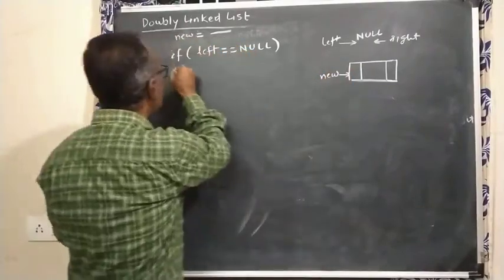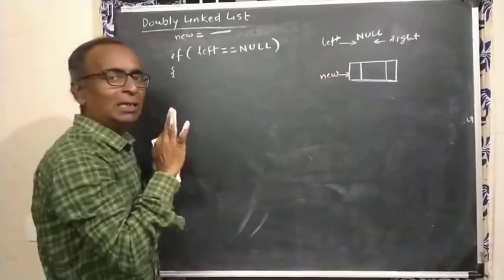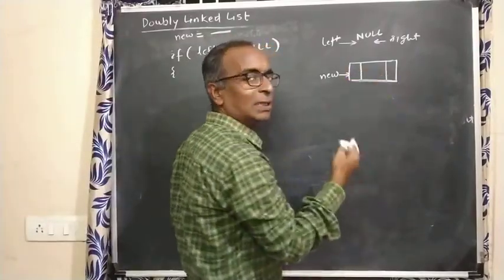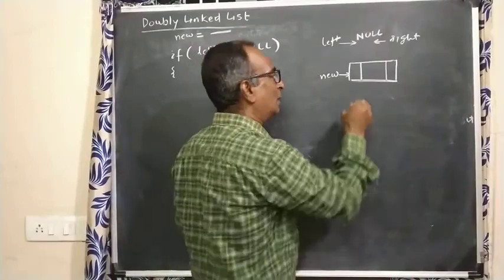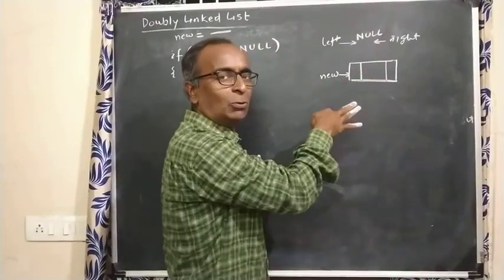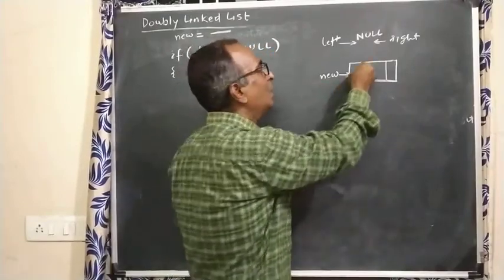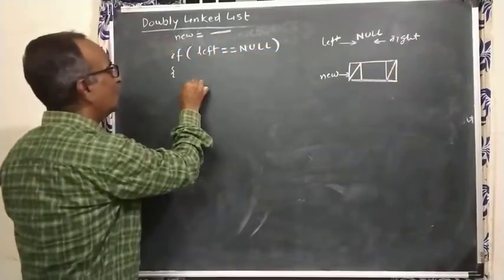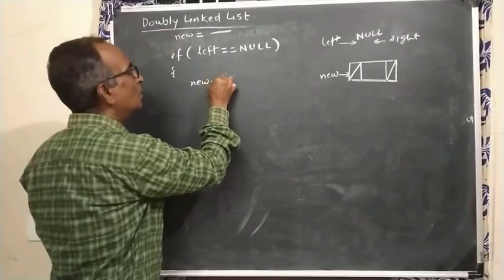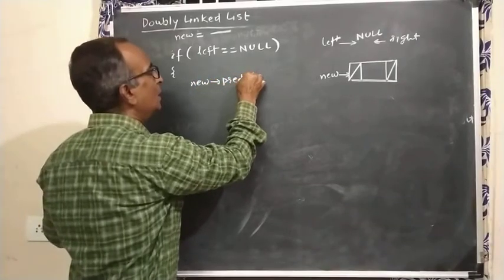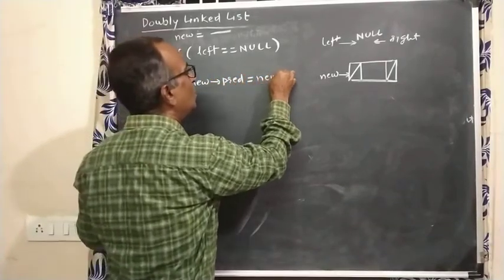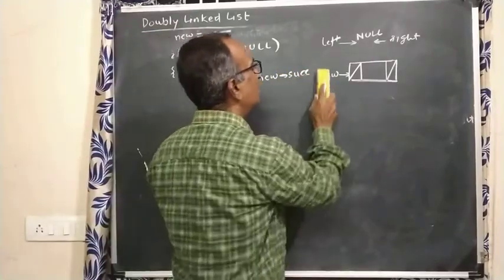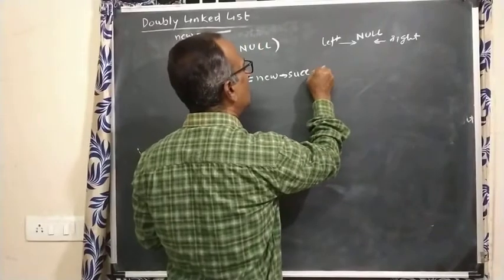First set the link fields of the new node. New's predecessor and new's successor, where will they point? They will not point anywhere because this is the only node after insertion. So this should be null, this should be null. I can write new's predecessor is given null, new's successor is given null.